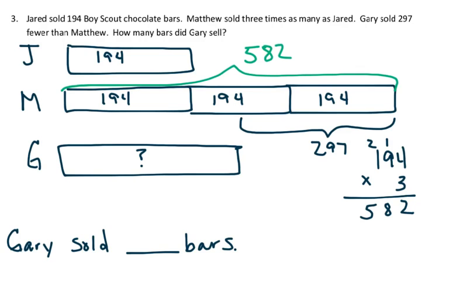So now I need to find the difference between 582 and 297. So let's do that down here. 582 minus 297.